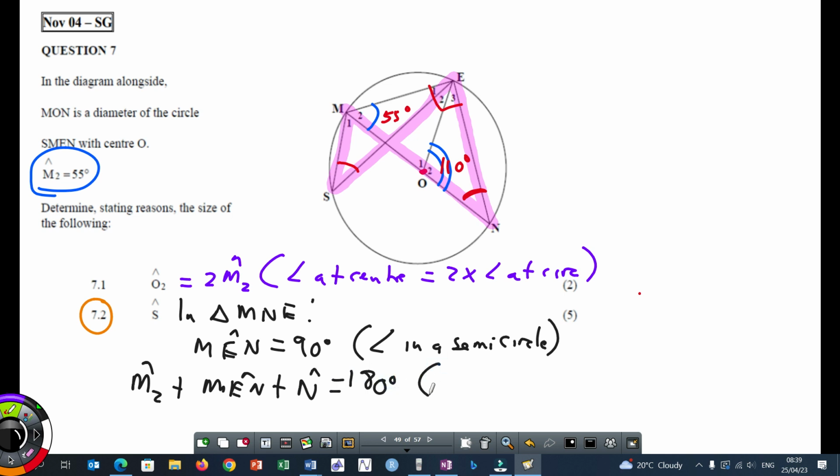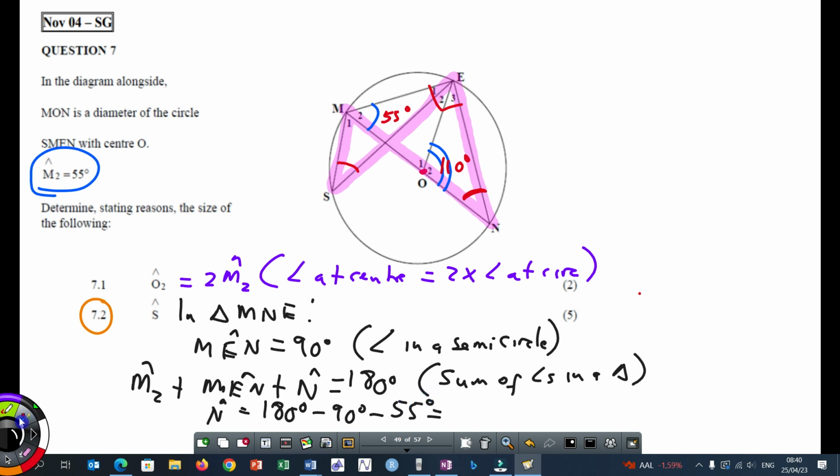And the reason here, because this is 5 marks, you have to write quite a lot: sum of angles in a triangle. So angle N will be equal to 180 minus 90 minus 55, and the answer is 35 degrees.